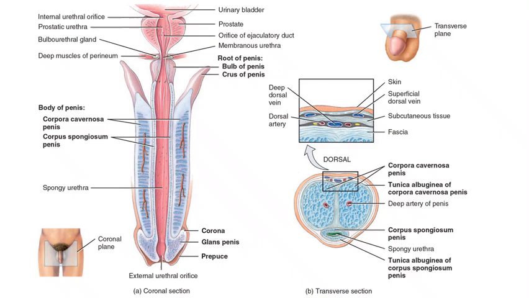The penis is supported by two ligaments continuous with the fascia of the penis: the fundiform ligament, which arises from the inferior part of the linea alba, and the suspensory ligament of the penis, which arises from the pubic symphysis.